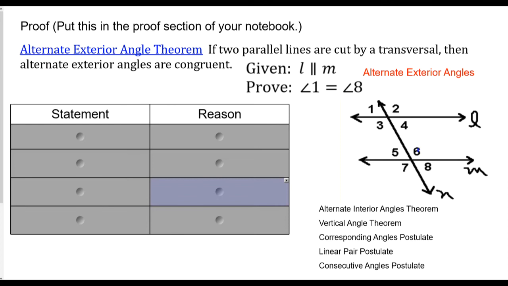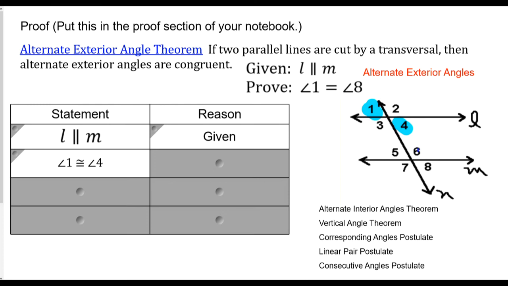So I'm still going to start with my given, that L is parallel to M, and that my reason is given. But let's say that you did not see the corresponding angles right away. Let's say maybe the first thing you noticed is that angle 1 and angle 4 are vertical angles. And let's say maybe you said that the first step was angle 1 was congruent to angle 4 because of the vertical angle theorem.